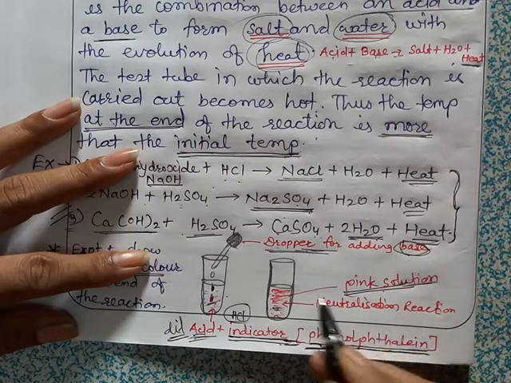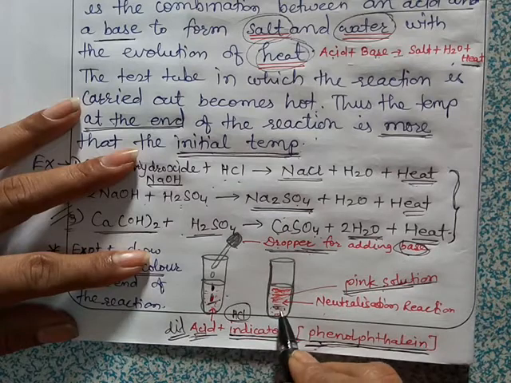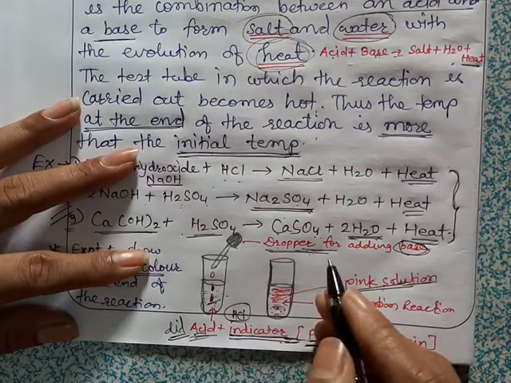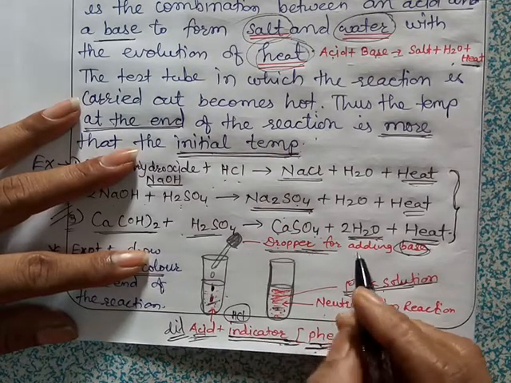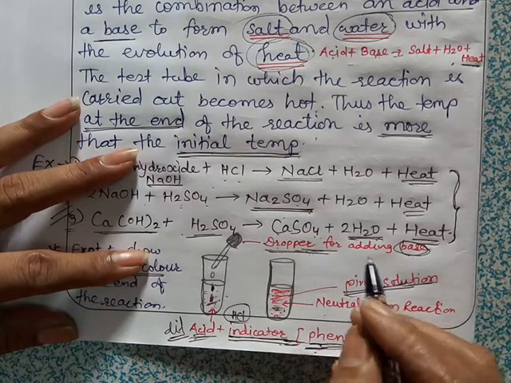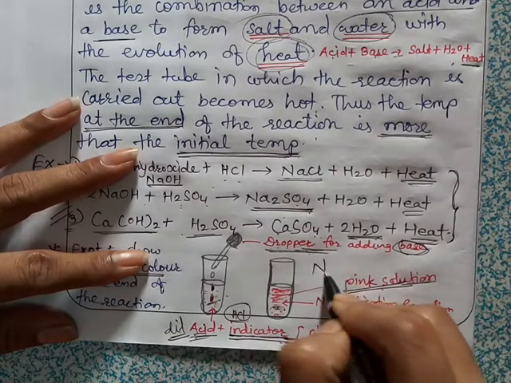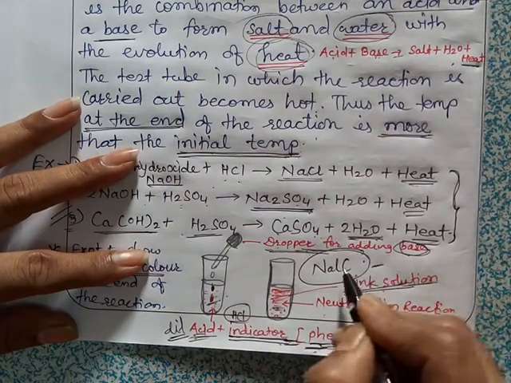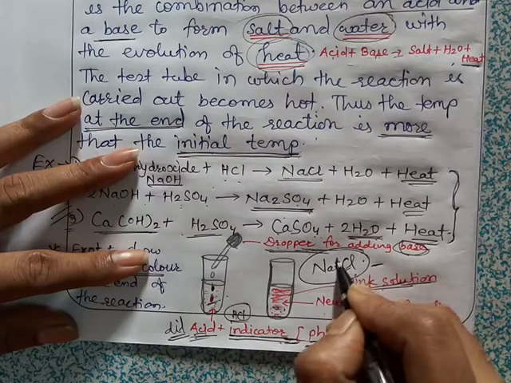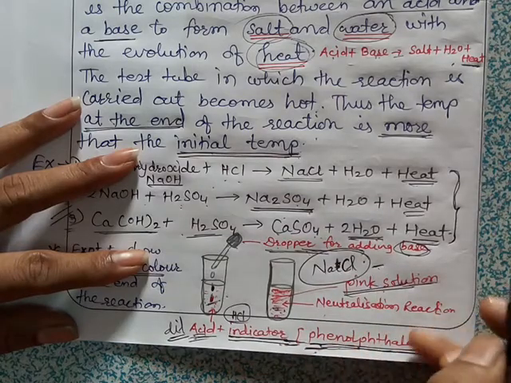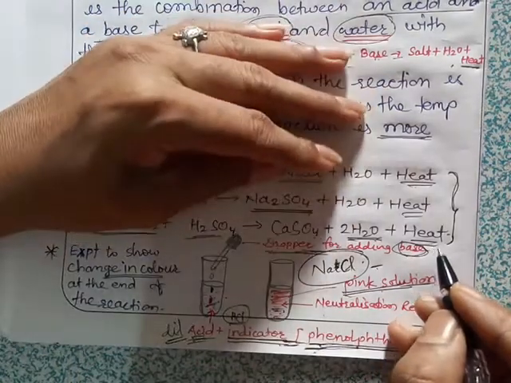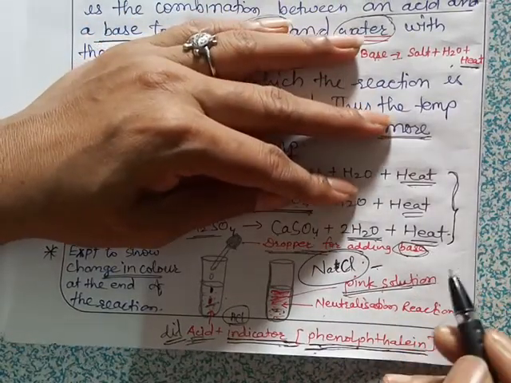The salt that is formed in the neutralization reaction may be acidic, basic, or neutral. A neutral salt is formed by the neutralization of a strong acid and a strong base, and sodium chloride is a neutral salt. Sodium chloride, the common salt we eat, is a neutral salt formed by the reaction between sodium hydroxide and hydrochloric acid.